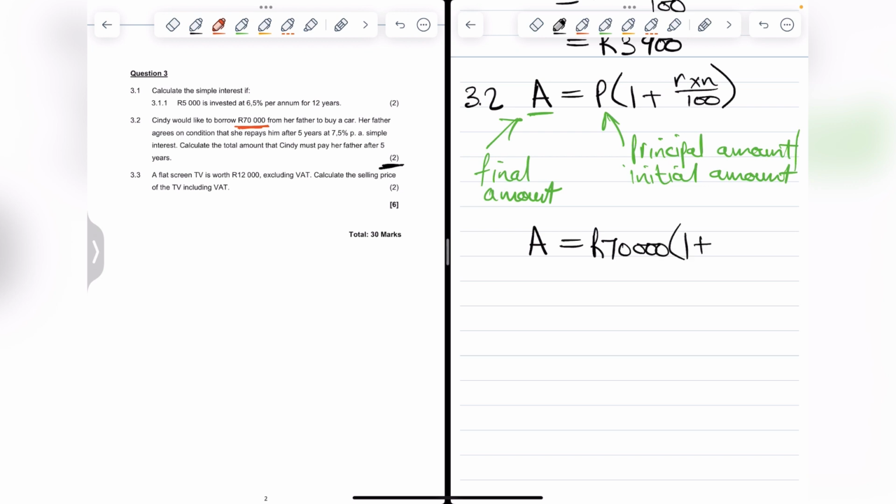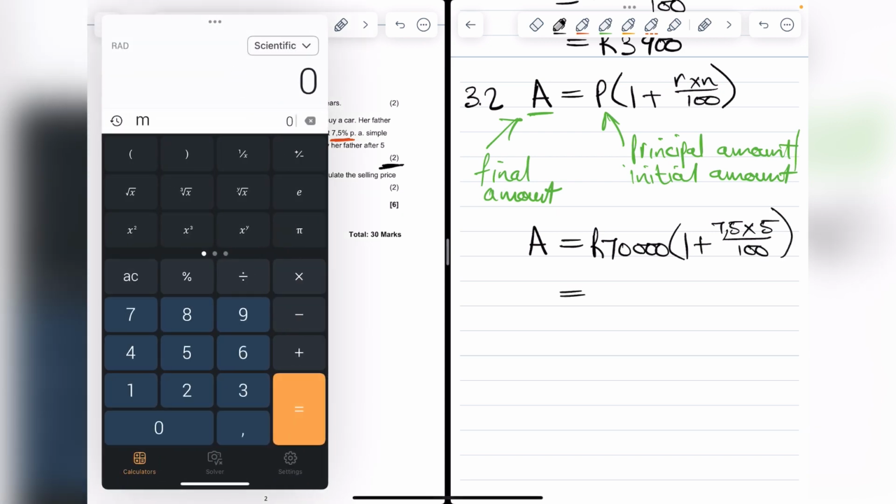So 70,000 Rand will be P. I've got 1 plus my interest rate here, 7.5% per annum, so it will be 7.5 multiplied by how many years? 5 years, so that's times 5 divided by 100. And I can literally just plug all of that into the calculator. I will multiply my 7.5 times my 5 and then divide by my 100.